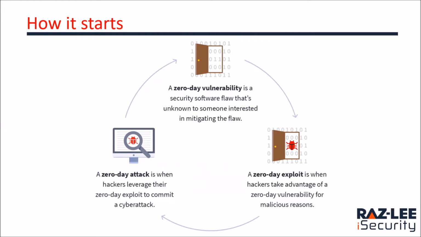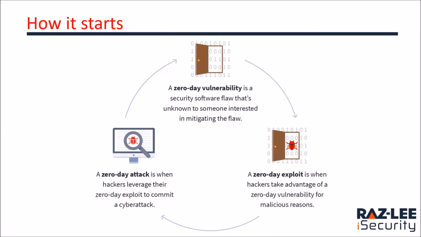Then they need a zero-day exploit, and that's when the hacker takes advantage of the vulnerability, always for malicious reasons. When they know how to take advantage, they execute the zero-day attack. They leverage the exploit and commit the cyber attack.